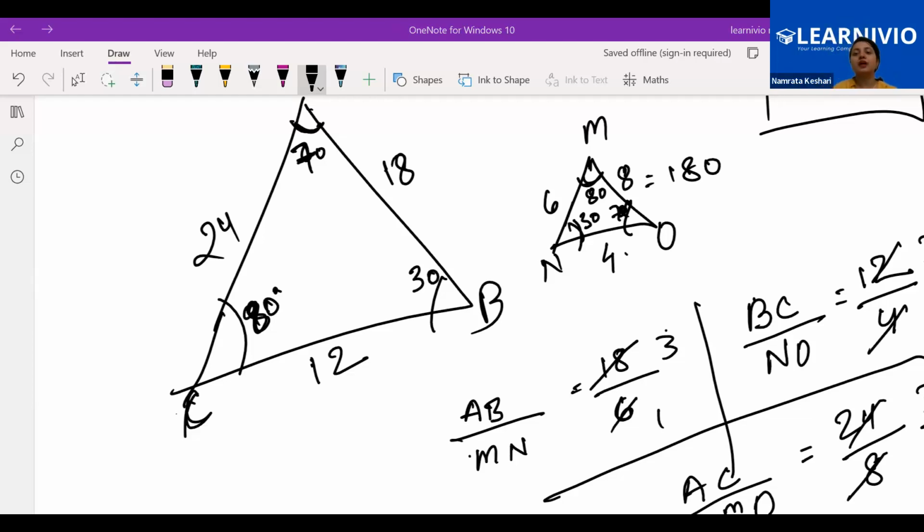Alvina, Noah, Afnan, are you understanding what exactly is the meaning of similar shapes? Yes, ma'am. Okay, this is the meaning of similarity.